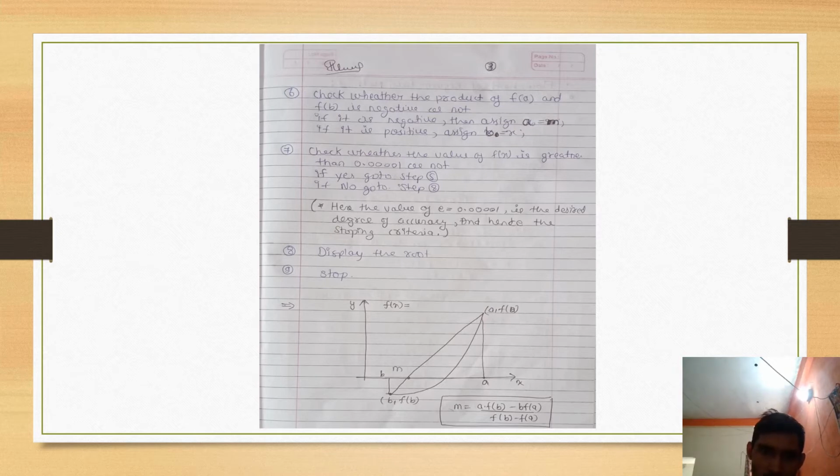Let's assume the point at which the chord cuts the x-axis is m. By solving this we can find the value of m, which is m equal to a f of b minus b f of a divided by f of b minus f of a.